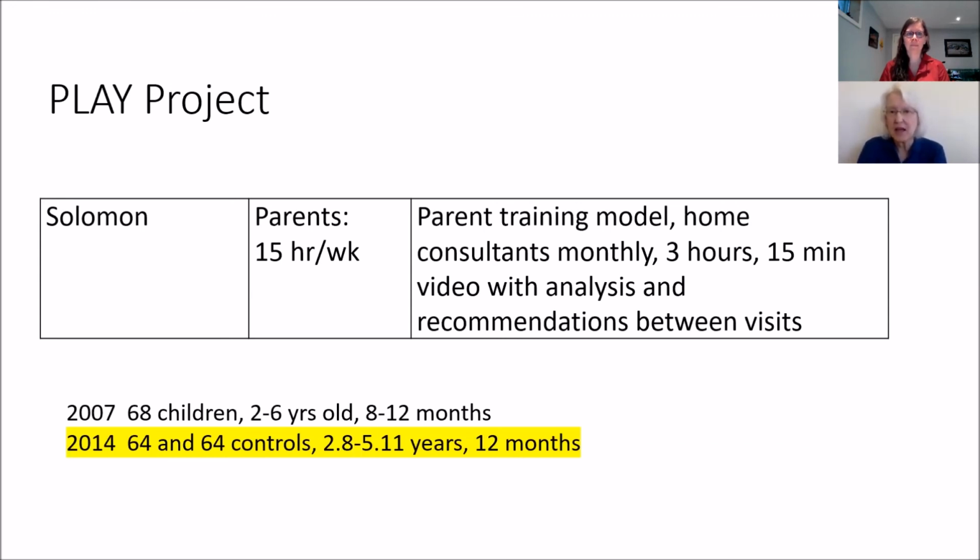And this is a home training model where the parents do the DIR 15 hours a week with their child, and they have home visits and video analysis in between visits. And in 2007, he described 68 children and how well they did with this intervention.